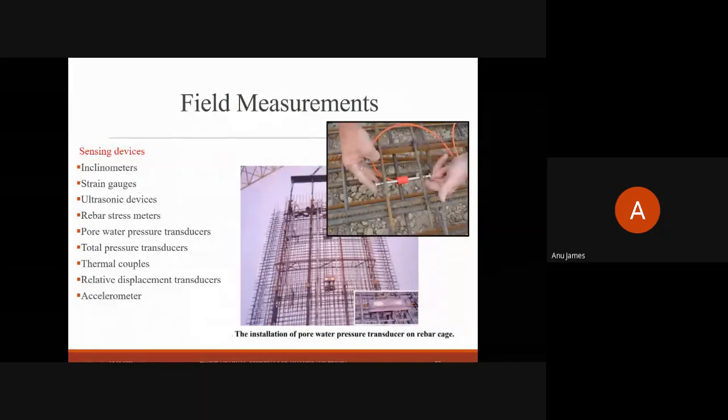So these inclinometers can give the deformations directly. And strain gauge readings can be used to depict the bending moments developing on the system. Such sensing devices are installed on the reinforcement cage so as to determine the excavation-induced deformations and also to check on various failure modes.